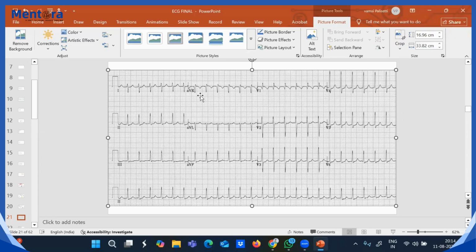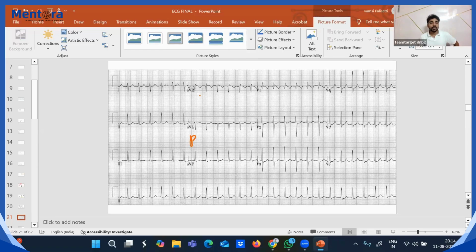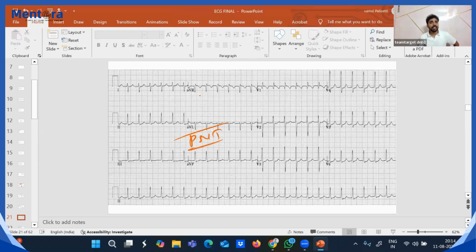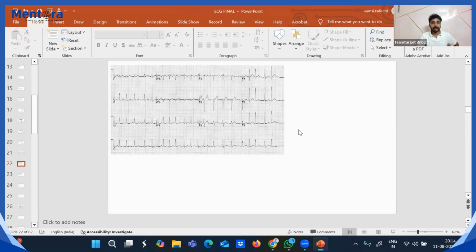It is regular, narrow complex. Simple. Right. Are P waves present or absent? No P waves. So it is a PSVT. No need to worry about anything. In this PSVT, whether it's AVNRT or AVRT, we'll discuss further. It's much more complicated. We'll go one step above next.